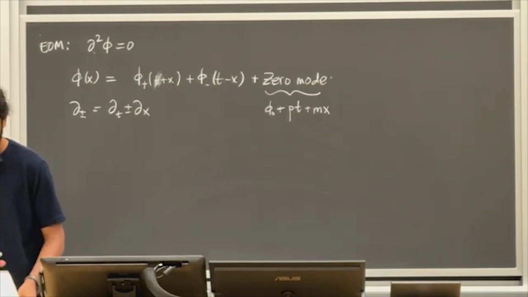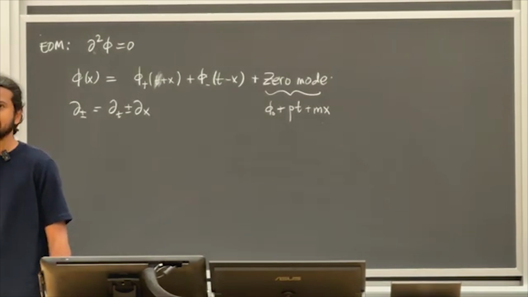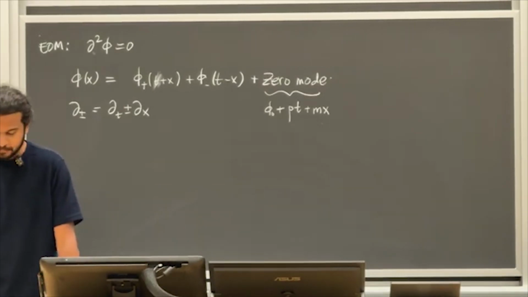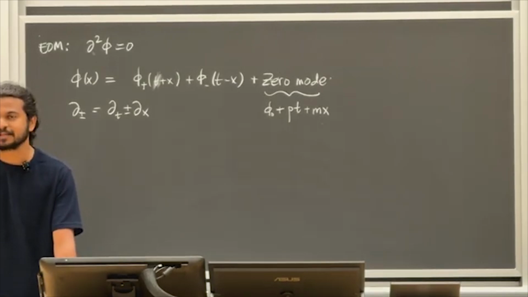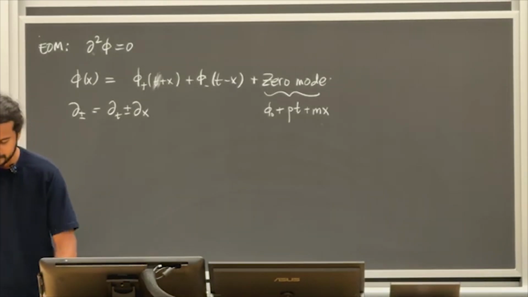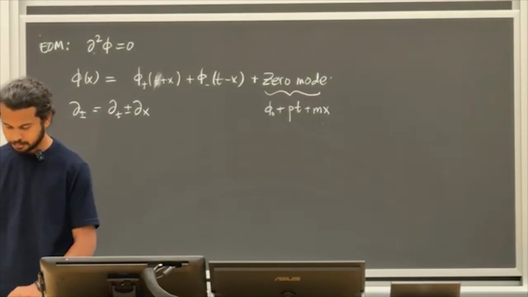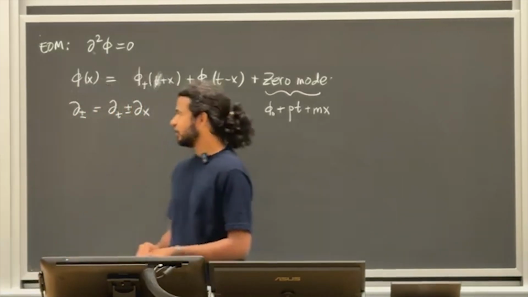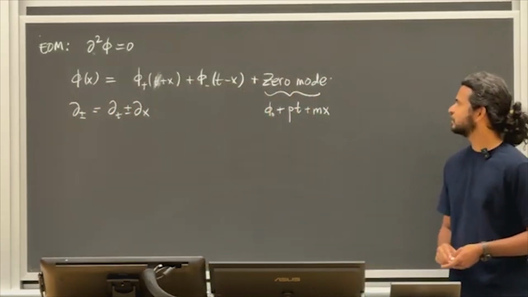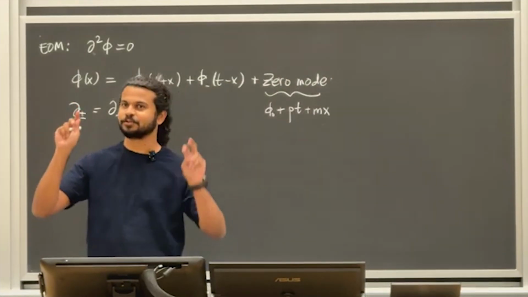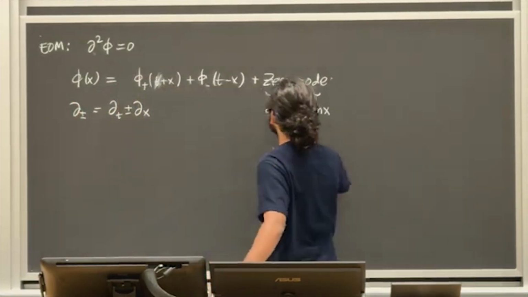So the zero mode is going to be a trouble, and it's the reason for most of the subtleties that I still don't understand. So we are going to be a bit clever, quote unquote, to deal with this zero mode.